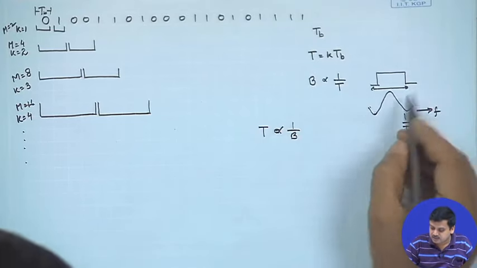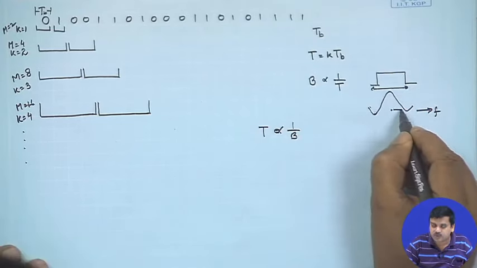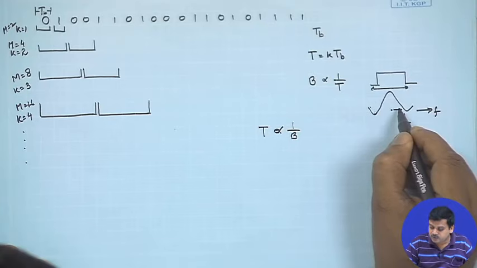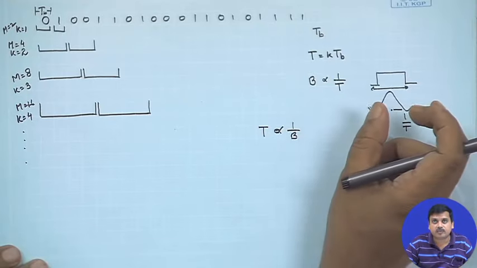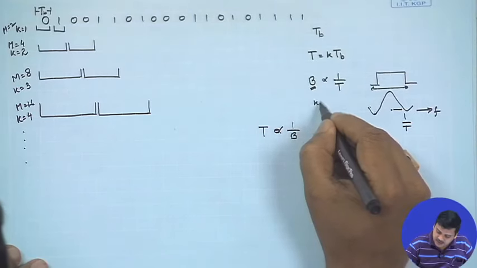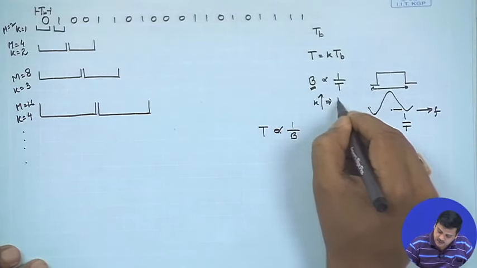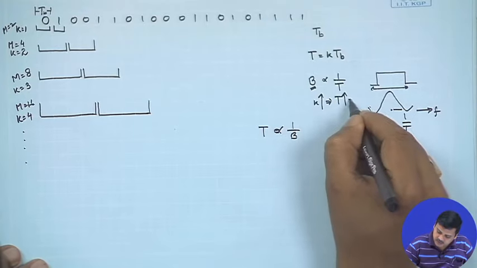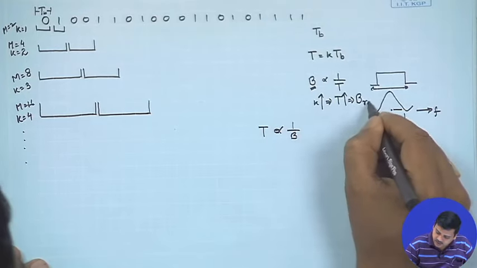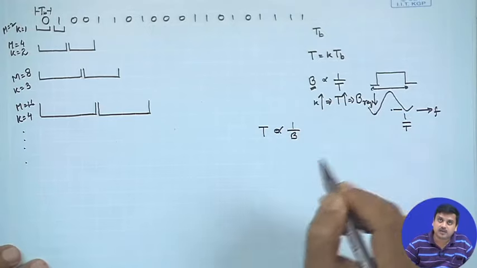As I increase T, this is going to shrink. So, this portion is going to reduce, and the bandwidth occupied would be less. If the bandwidth occupied is less, that means I am choosing a lesser bandwidth as T increases. So, we can say as k increases implies T increases implies B required decreases.